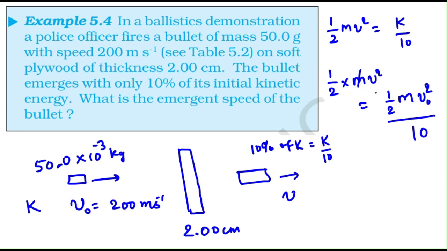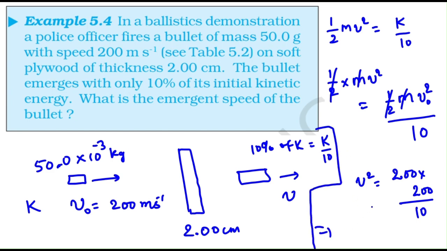So the half and the mass are not going to survive. Now we have v square equals v naught square by 10, and v naught is 200. So you can write 200 into 200 by 10, or you can write v equals 200 by under root 10 meter per second.